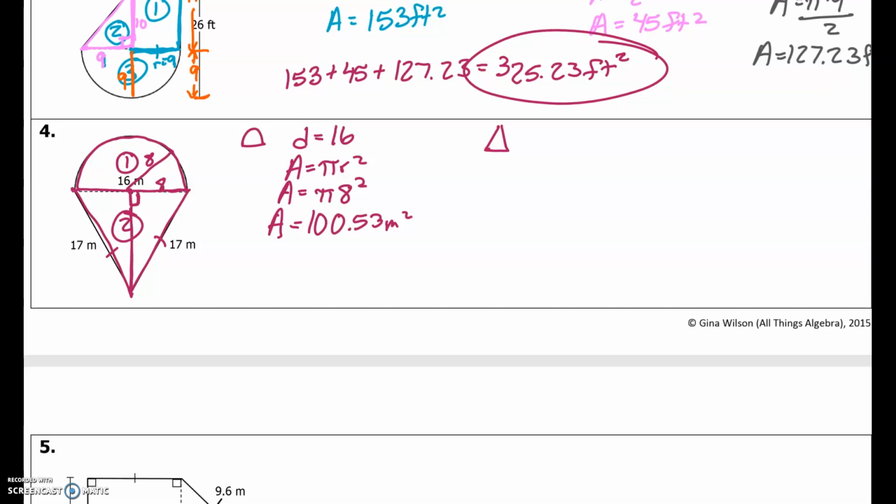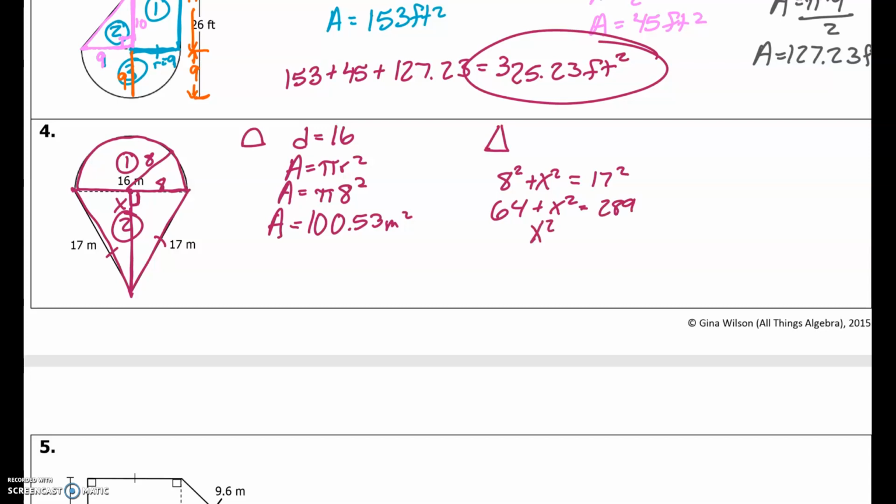So we start off with 8 squared, because that's a leg length, plus we don't know what that height is, so I'm going to label it x, equals 17 squared. We can simplify this out. We end up with 64 plus x squared equals 289.